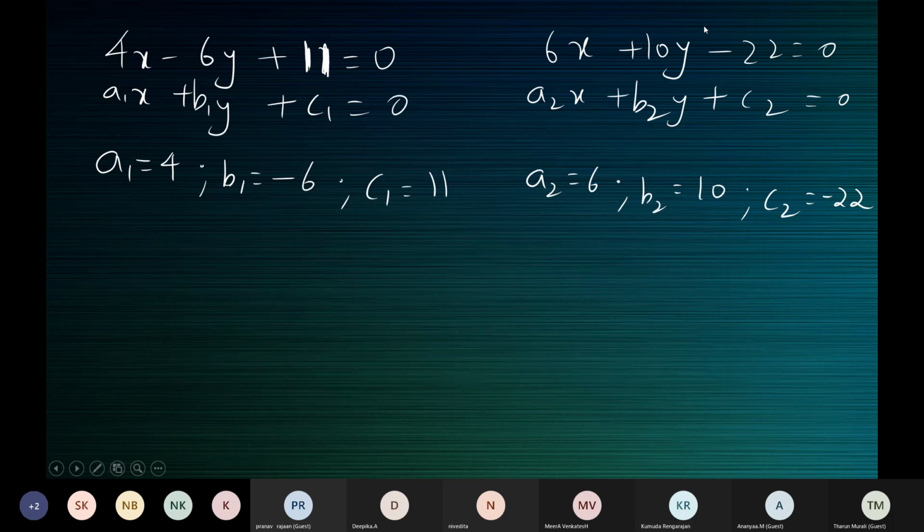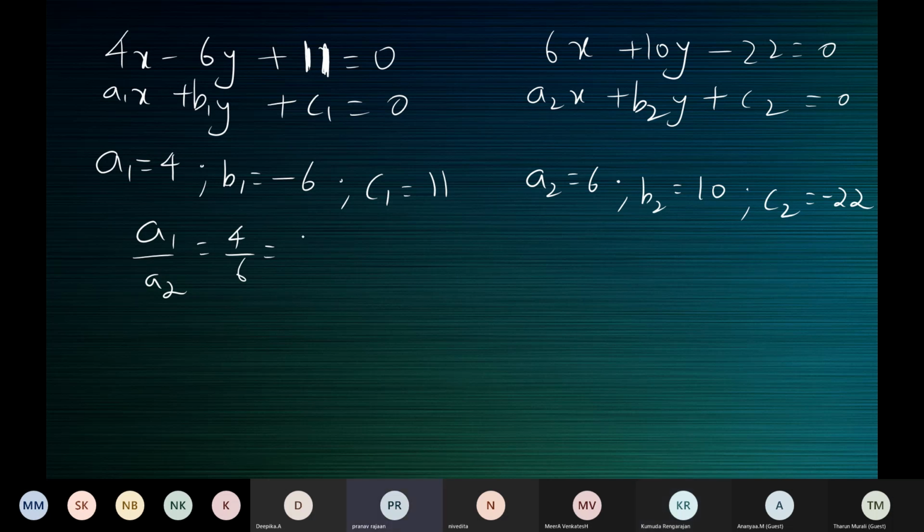Murali, tell me what is A1 by A2? Yes, Pranav. Ma'am, it's 4 by 6. Simplifies to?